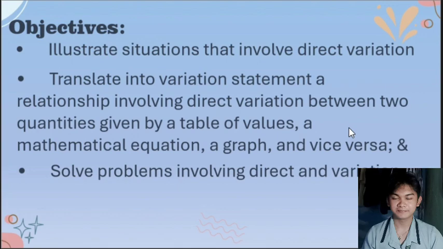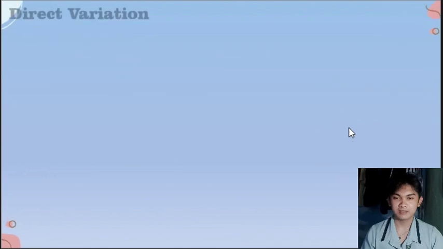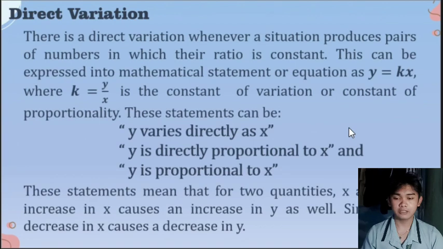Okay? So, direct variation. There is a direct variation whenever a situation produces pairs of numbers in which their ratio is constant. This can be expressed into a mathematical statement or equation as y is equal to kx, where k is equal to y over x, the constant of variation or constant of proportionality.